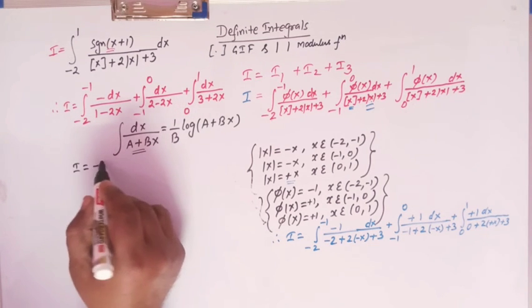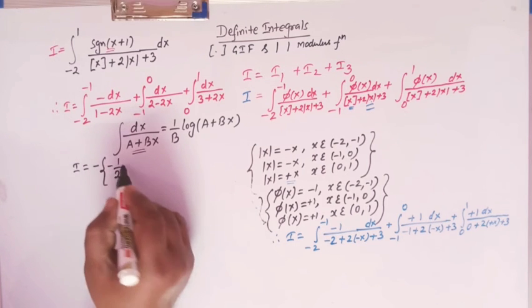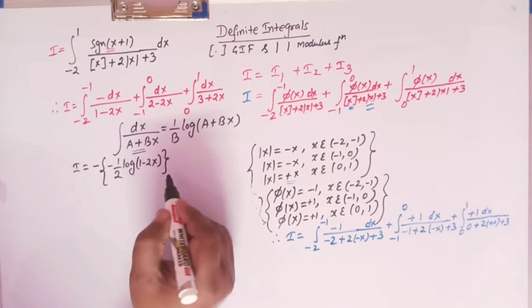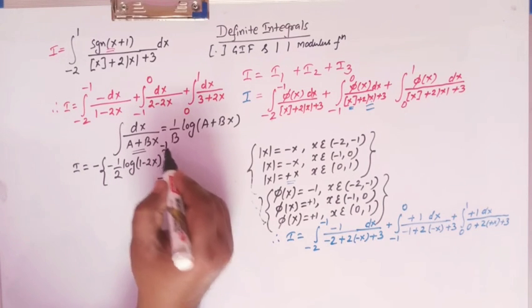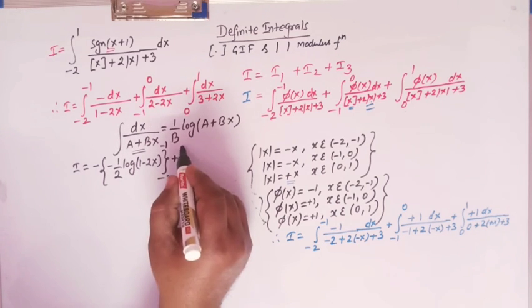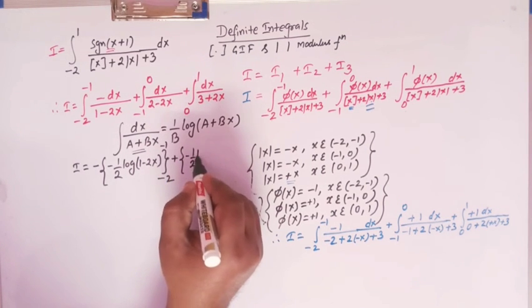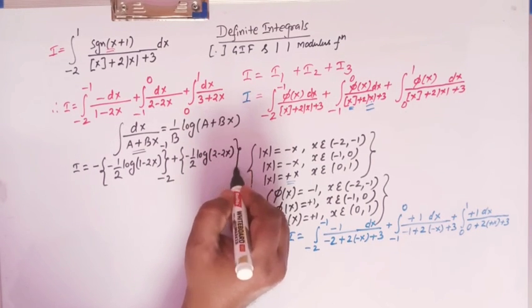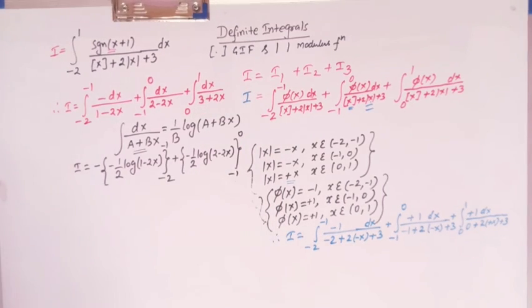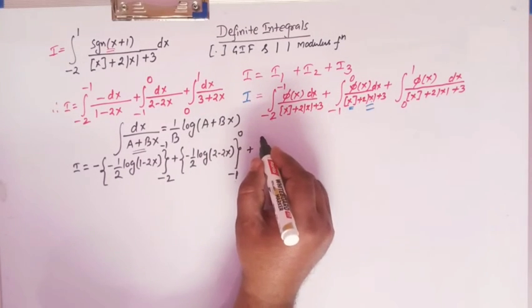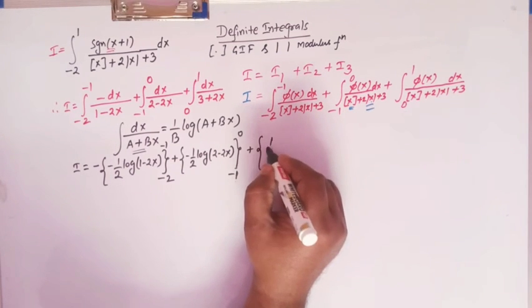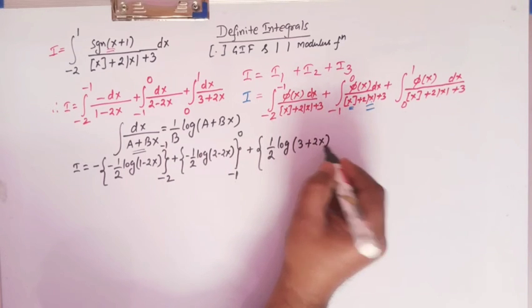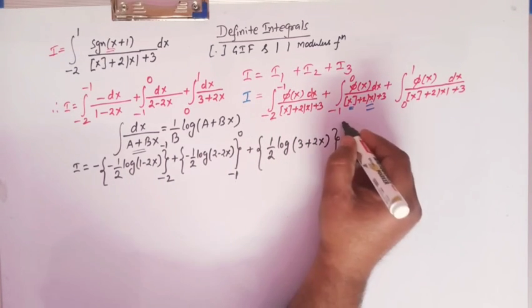So we have -1 over 2 log of 1 minus 2x, and the limits are from -2 to -1. And the second integral is -1 over 2 log of 2 minus 2x, and the limits are from -1 to 0. And the third integral is 1 over 2 log of 3 plus 2x, and we have the limits from 0 to 1, right?